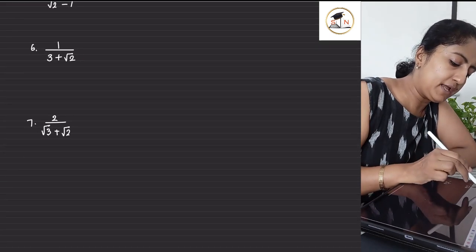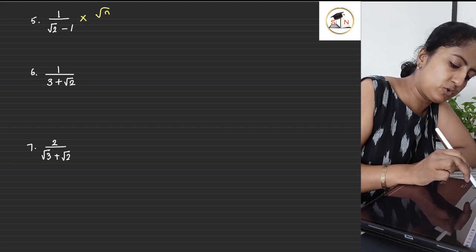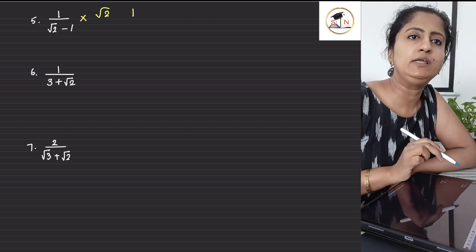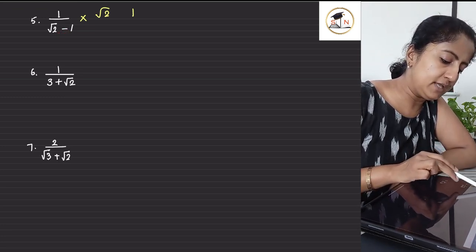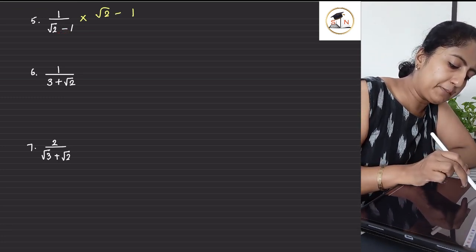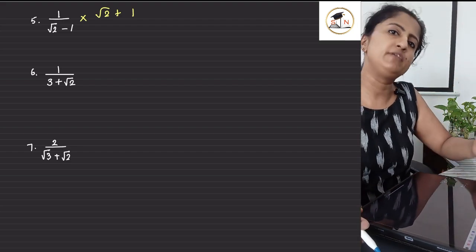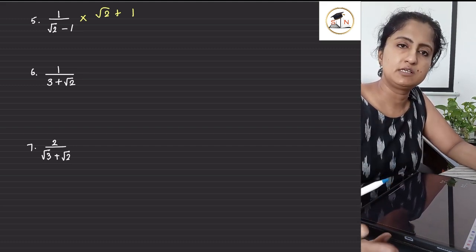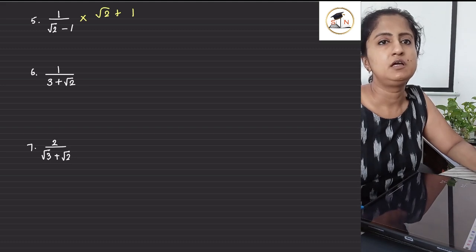We need to multiply and divide with the same numbers, that is root 2 and 1, but we will change the sign between them. That is, we had negative over here. Instead of negative, we are going to multiply and divide with positive. So that means if you have negative in the denominator, you will multiply and divide with a plus. Or if you have plus in the denominator, you will multiply and divide with a minus.